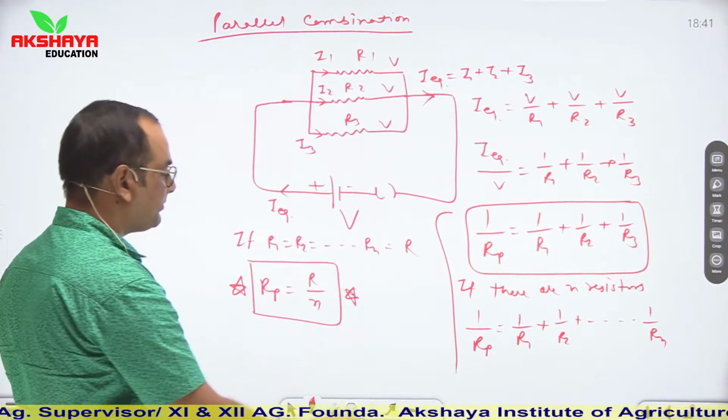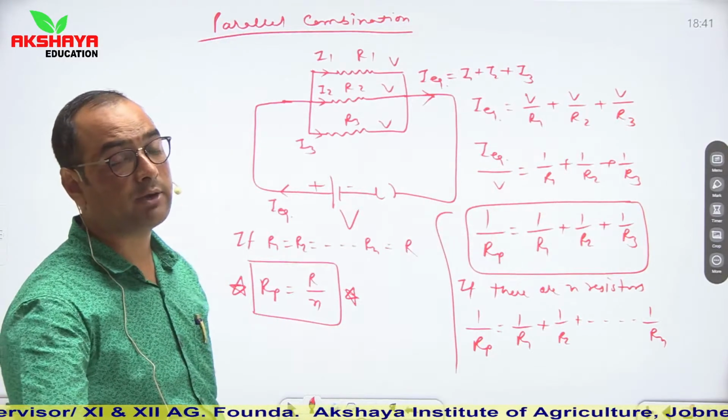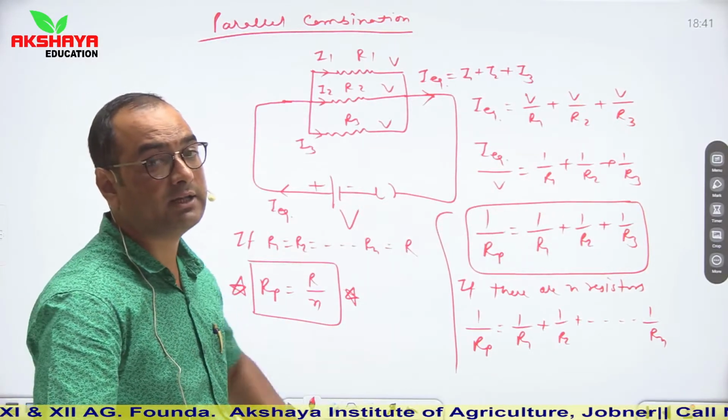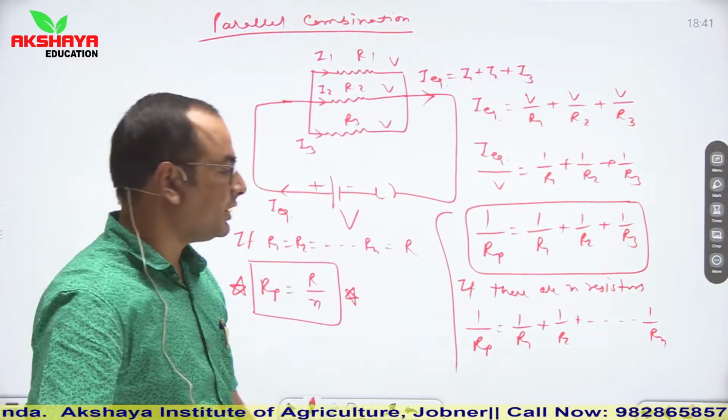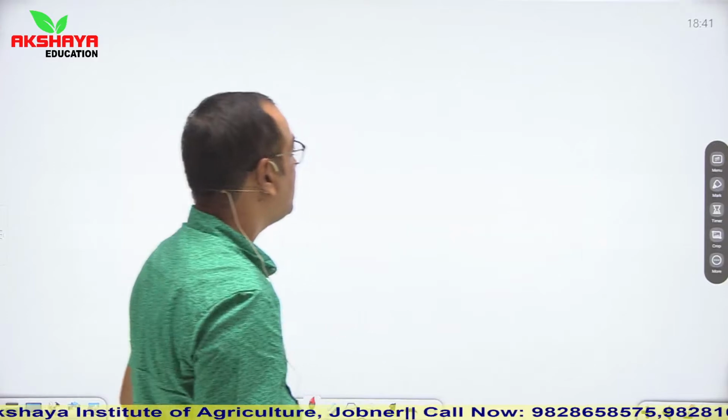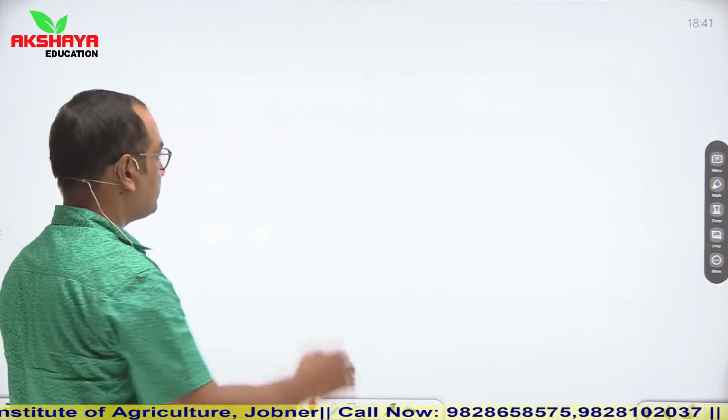So this is the general concept of finding the equivalent resistance of any given network, either in series combination or in parallel combination. So what trick you have to keep in mind while solving the MCQs?